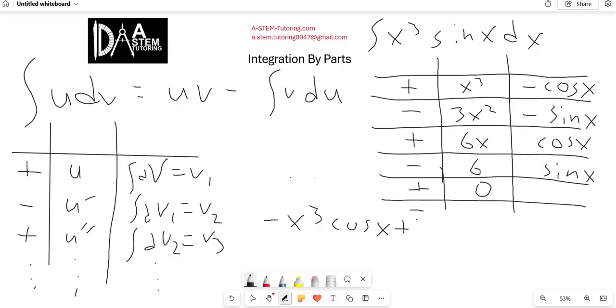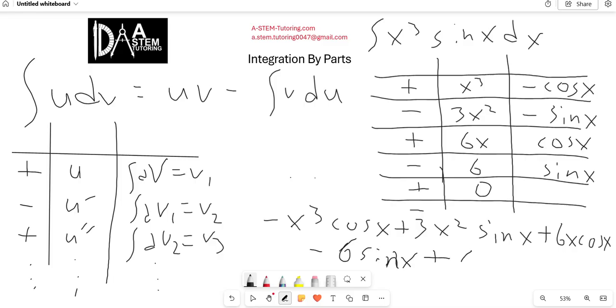So we have plus 3x squared sine of x, plus 6x cosine of x, minus 6 sine x, plus c.